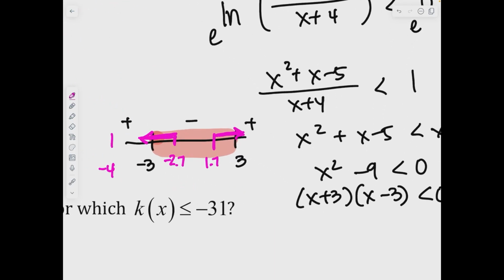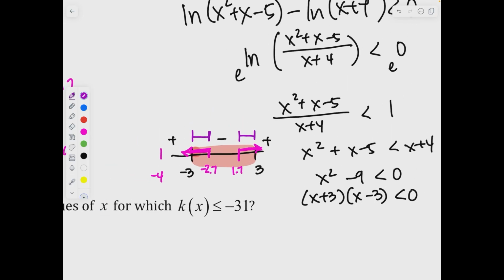So what you'll notice here is, based on my red answer values, my domain starts to limit it between here and between here that I did in the purple. That's where my answers are going to be found.